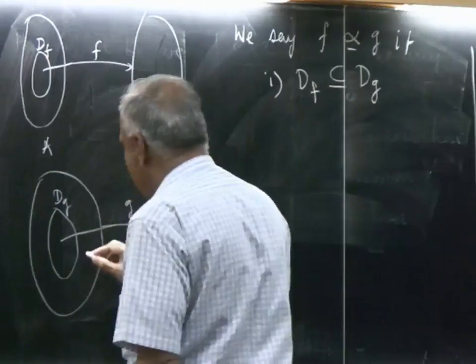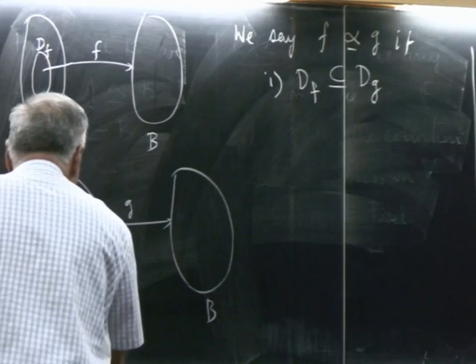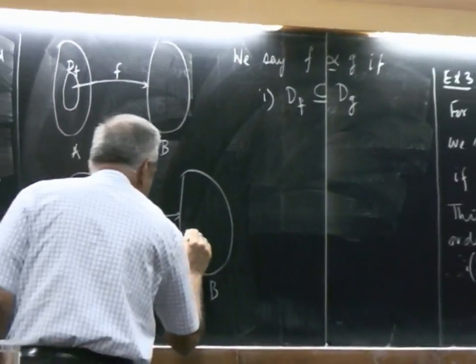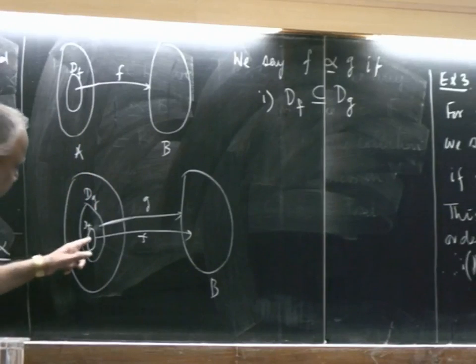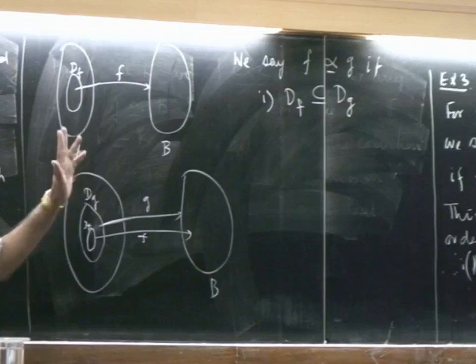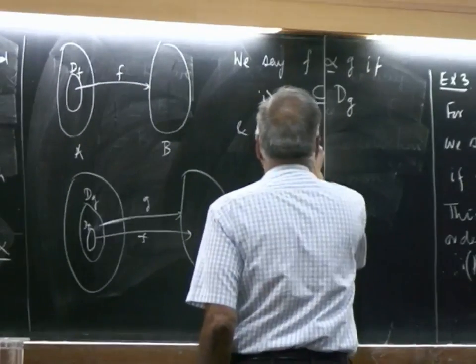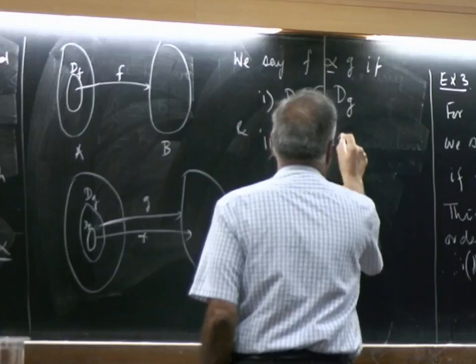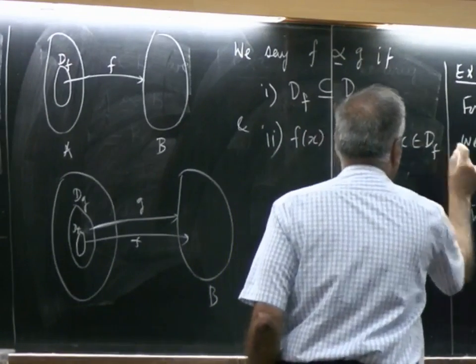So, now how does it happen? g is going like this. Now, D_f is part of this, f is going like this. Now, in this part both f and g make sense and they must coincide. Okay, so in the parts where they are both defined, they must be equal. f(x) equal to g(x) for every x in D_f.